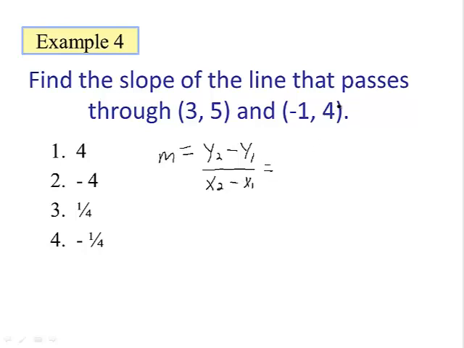I'm going to let this be y2, 4 minus my other y coordinate, which is 5, over, since I use this 4 when I do my y coordinate, I have to use negative 1 for x, and subtract my other x coordinate, which is 3.